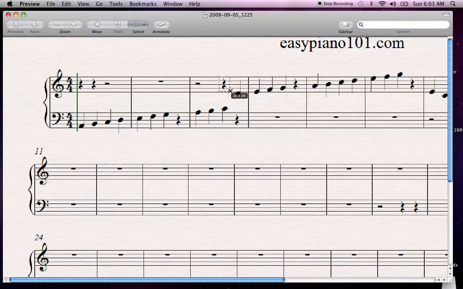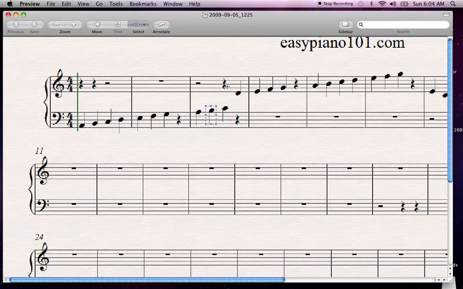Here's a quarter note rest, you're playing a silence, and here's a quarter note itself, when you're playing a certain note for one beat. Here you're playing a silence for one beat. Now remember what they look like. Quarter note rest, quarter note.